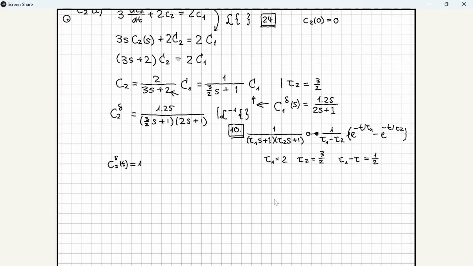So I have 1.25 times 2 is equals to 2.5 times e to the minus t divided by 2 minus e to the minus t divided by 3/2. T divided by 3/2 is the same as 2t divided by 3. And now this is my equation.